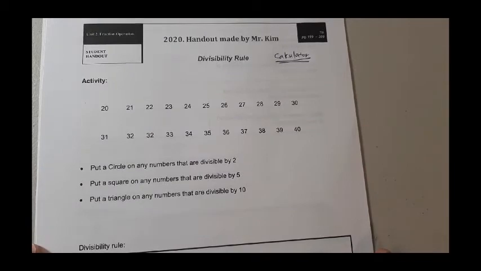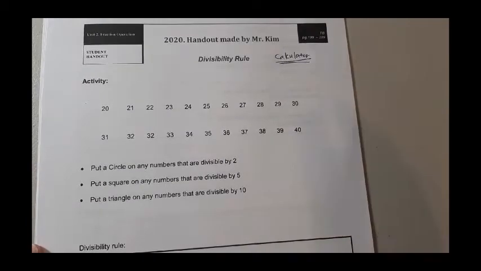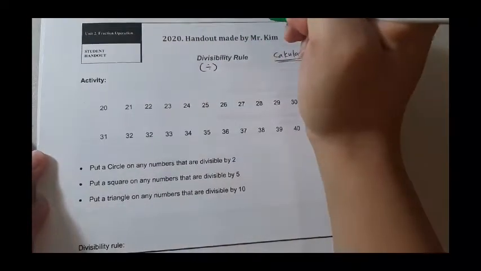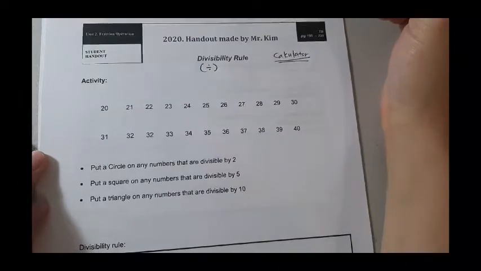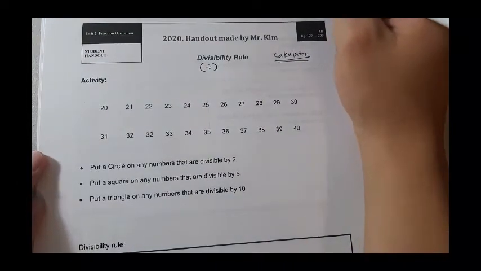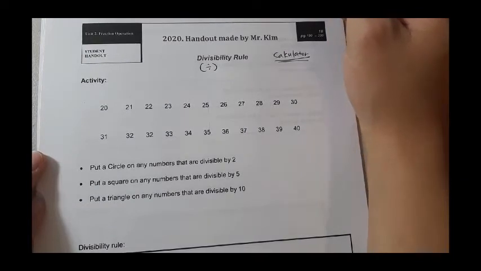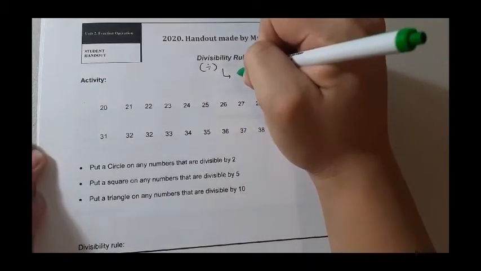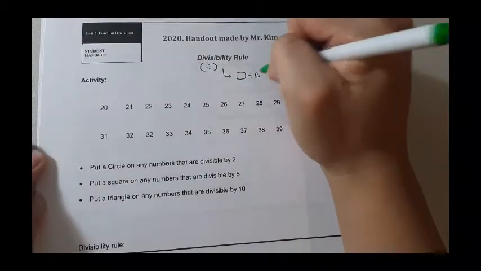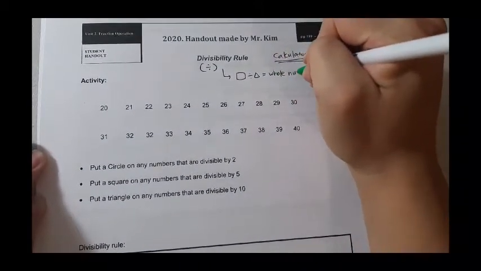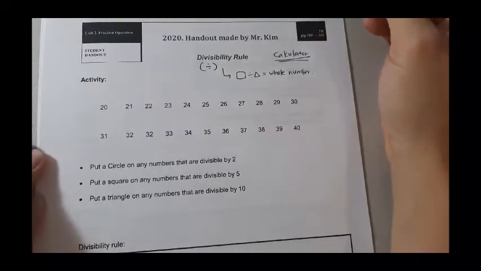What is divisibility rule? Divisibility rule is, like the word suggests, we are trying to find if there are any numbers that can be divided by some other number. So I want you to take out your calculator, and then go through something divided by something and see whether it gives you a whole number or not. Because when you divide something by the other number, you should have some kind of whole number as an answer.